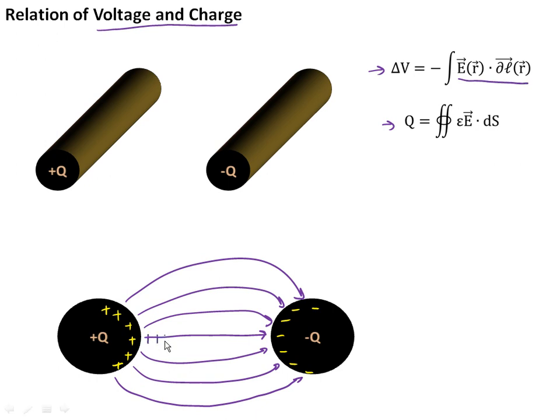So if I simply go step by step along any one of these electric field lines, it doesn't matter which one, integrating the direction of the line with the direction I'm marching, dl, I'm going to get the voltage between these two cylinders.